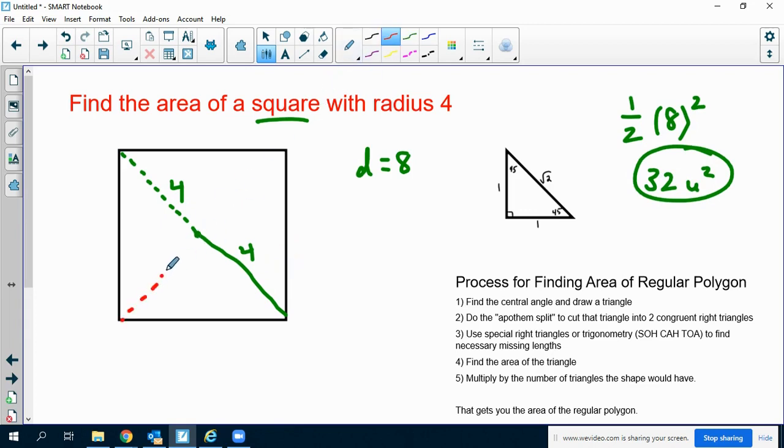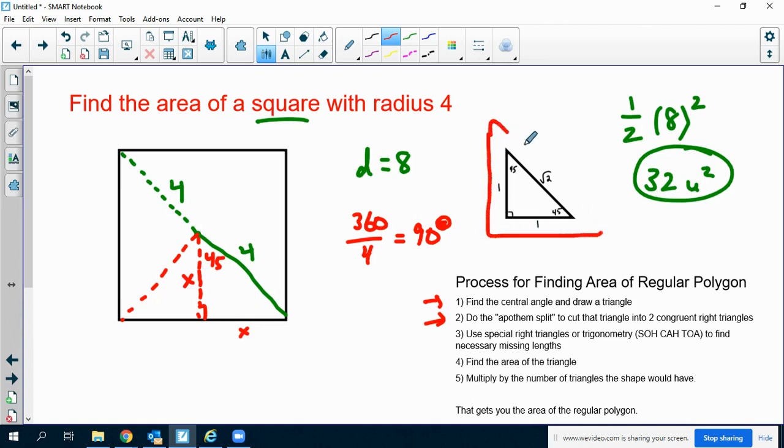I can find the central angle, which is 360 divided by 4, and I end up with 90 degrees. And then I do the apothem split, so that cuts that in half. The apothem forms a right angle, so I have a 45 here. And then I have to find these lengths.